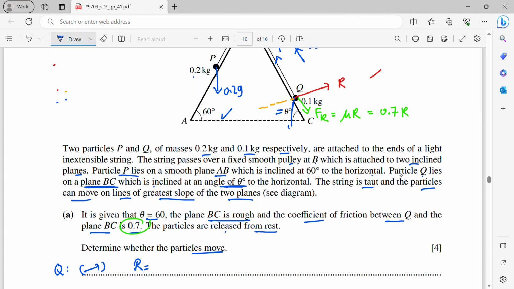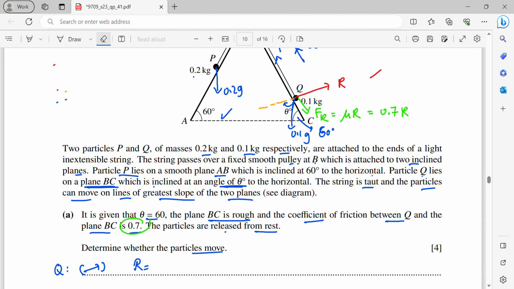This is the weight, 0.1 g, because the weight is mg. I need to resolve this to the direction which is opposite to R. And the angle here is 60 degrees.